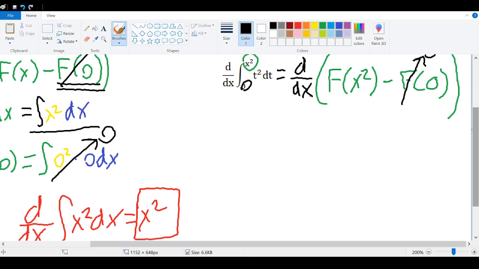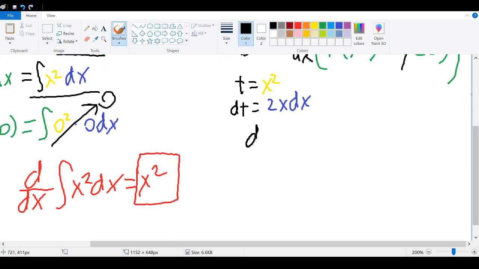We now have, in our substitution, t is equal to x squared this time, not just x. But watch what happens when we implicitly differentiate. We have dt is now equal to 2x dx. And like before, we're going to substitute in t for x squared, and then dt becomes this 2x dx. So let's rewrite this.